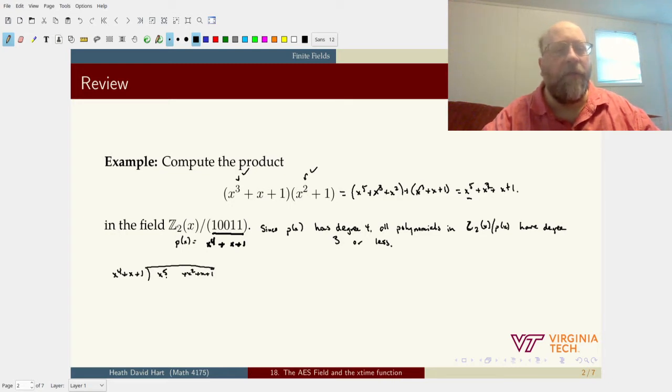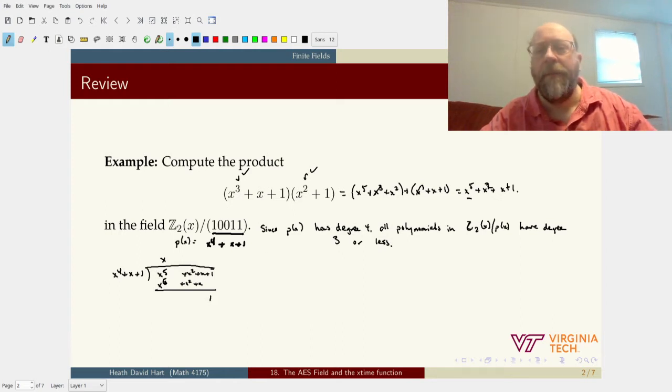To get x to the fourth into x to the fifth, we have to multiply by x. And so we get x to the fifth plus x squared plus x. And then all of these terms cancel, and we have a remainder of 1. And so this is congruent to 1.